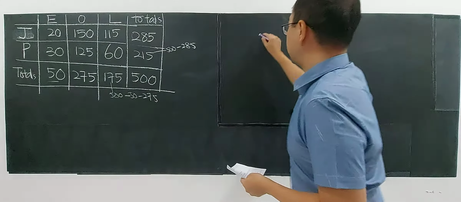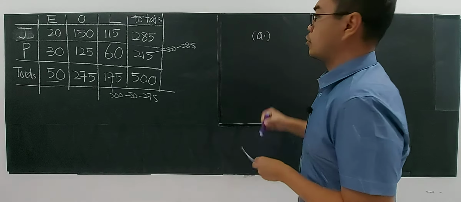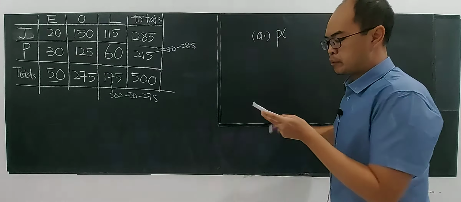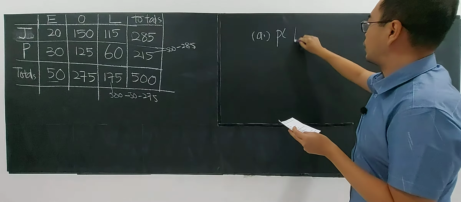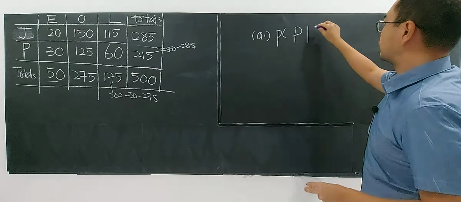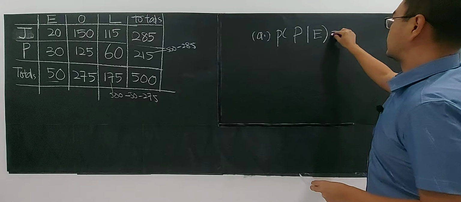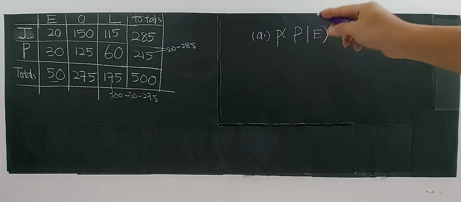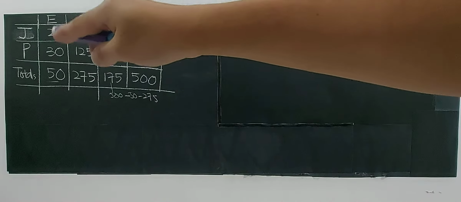So for part A, this is the way we answer it. It is the probability that it is Pulau Pinang given that it arrived early, right? That's the probability here.